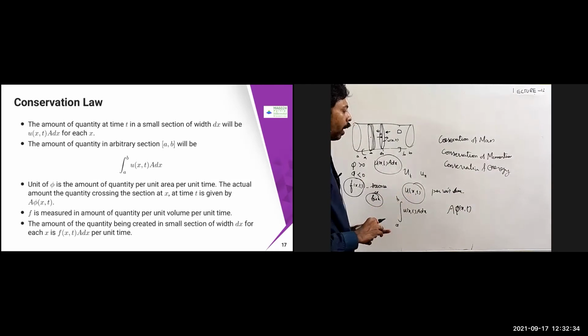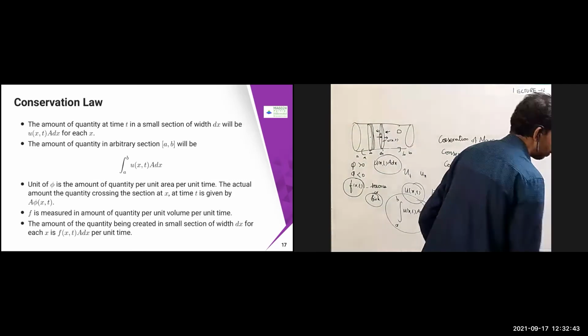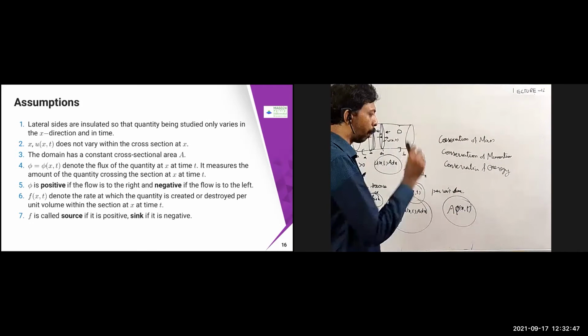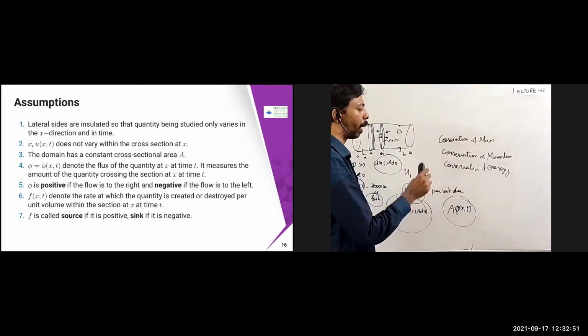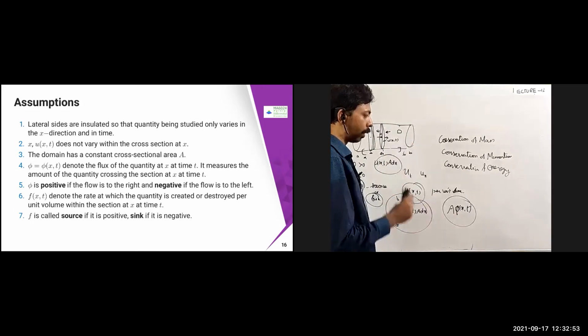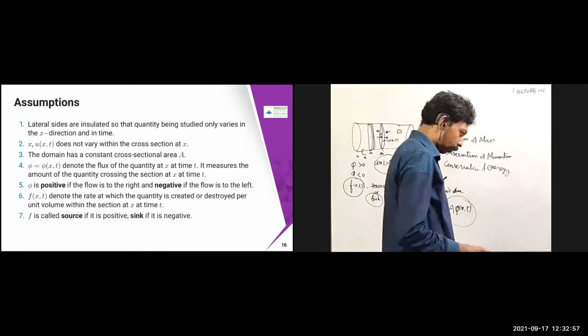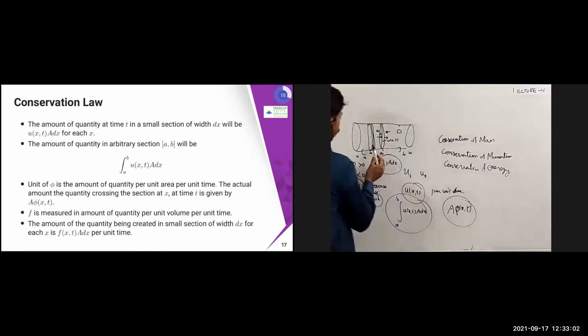f is measured per unit volume per unit time. So in all these three cases, in the previous slide I have defined everything per unit area or per unit volume, whether it is u of x comma t, phi of x comma t, or f of x comma t. Now I'm just going to measure it for the cross-sectional area, with some width.